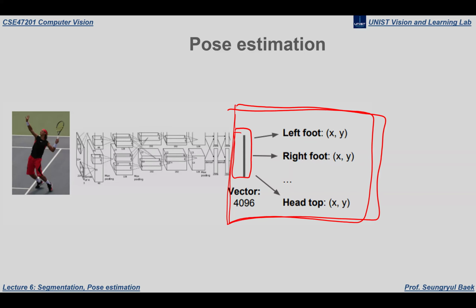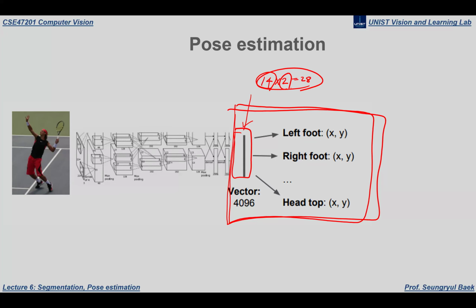For example, if we are using ImageNet, we have to estimate a 1,000 dimensional probability vector because there are 1,000 semantic classes. But we will replace that last probability vector with a 28 dimensional vector, because there are 14 key points and we only estimate the X and Y coordinates.